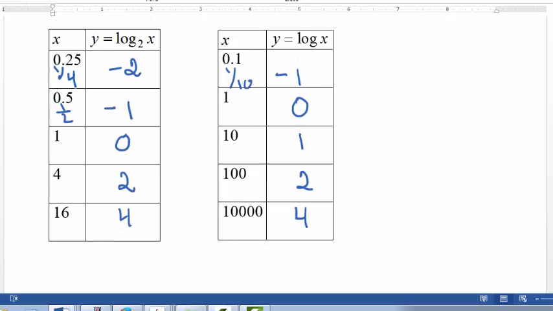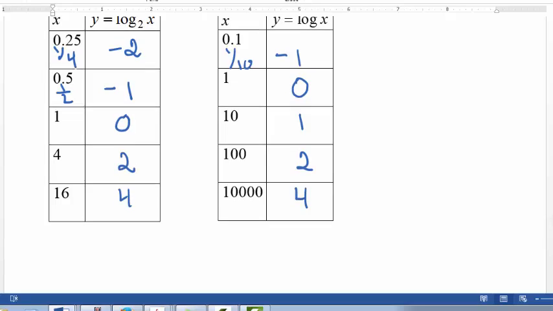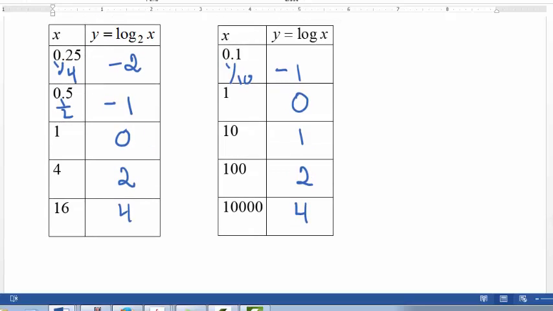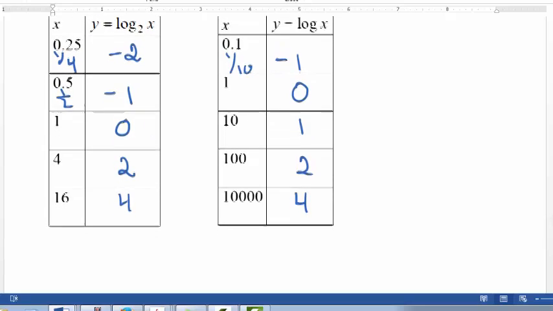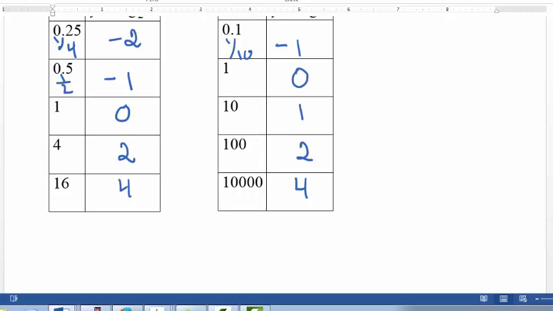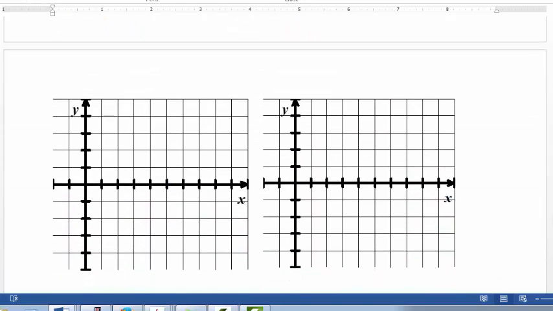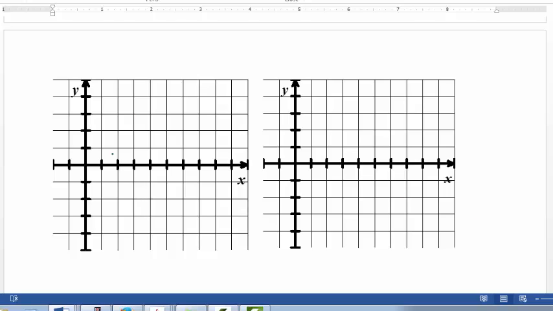So I'll graph y equals log base 2 of x first. So I need x values that go up to 16 and y values that go from negative 2 to 4. So let's see. Could I go to 16 here? Clearly not if I went by 1s, but I guess I can go by 2s on x.